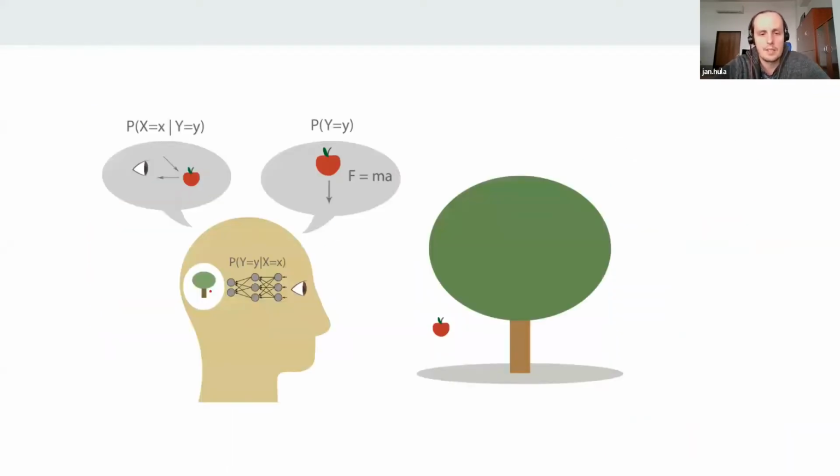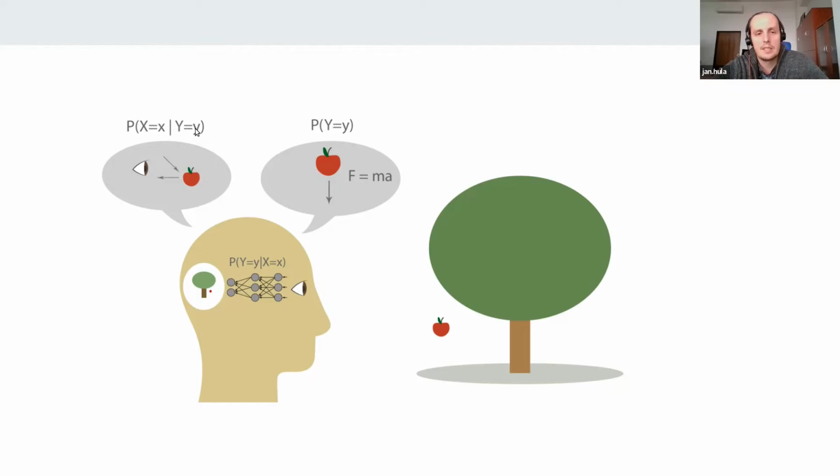Here is some schema which describes this idea. So, for example, here a person is looking at some scene, and we have these three components. One is the p of y. It can contain our understanding of physical properties, like how things move.